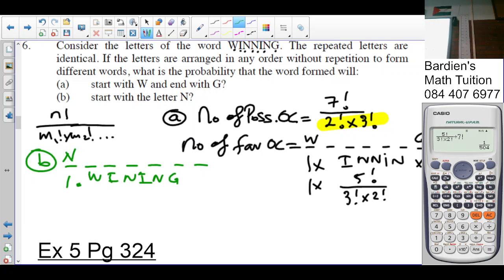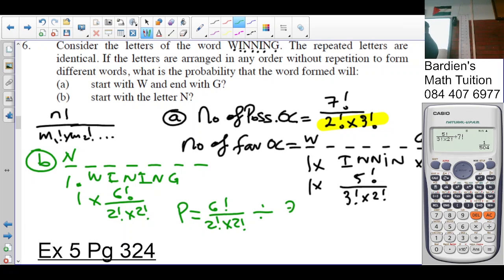How many letters are here? 6. It's going to be 6 factorial over 2 factorial times 2 factorial. So your probability is going to be 6 factorial over 2 factorial times 2 factorial divided by the number of possible outcomes, 7 factorial over 2 factorial times 3 factorial. This answer would also be different to what they have. Okay?